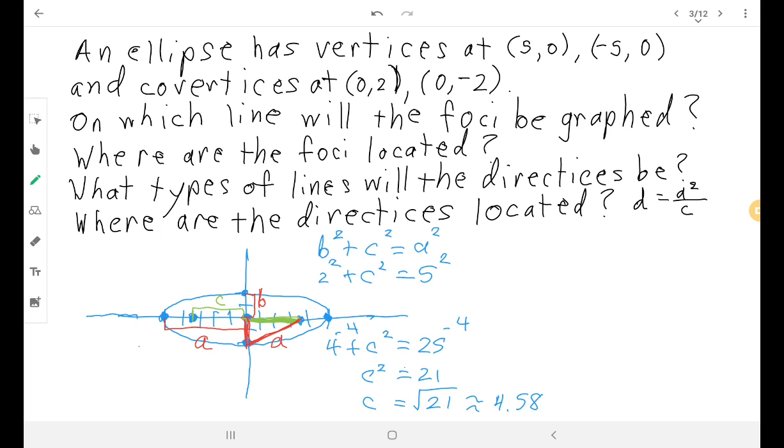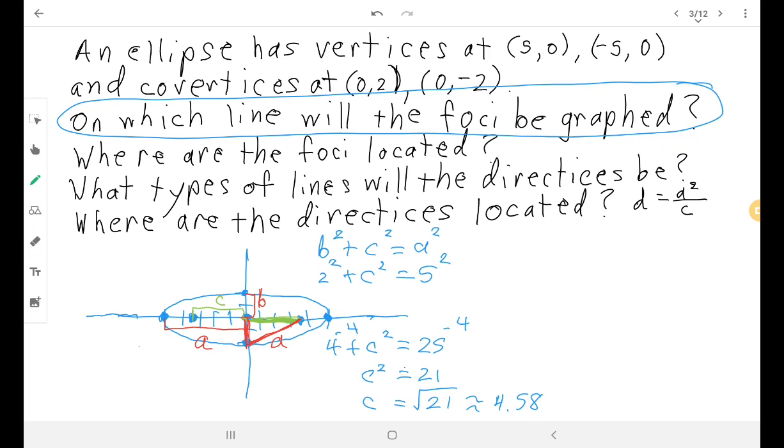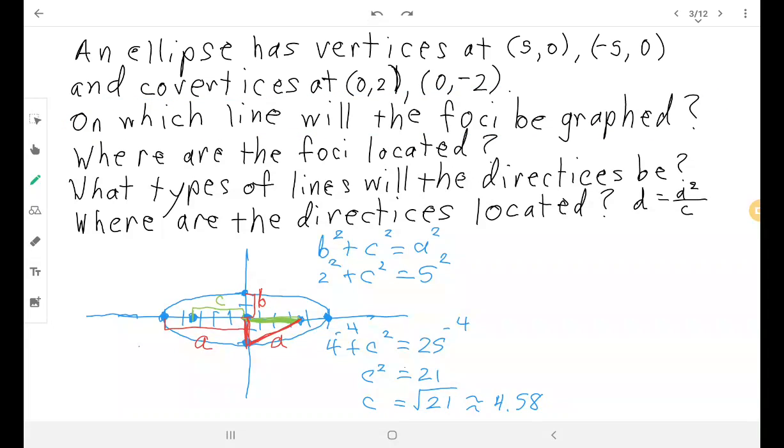So, okay, that's the distance C, and what that tells us is, first of all, we know that the foci are going to be on the line, which is this line right here.